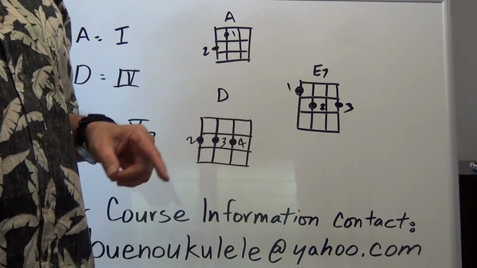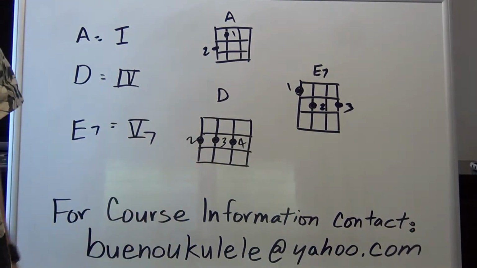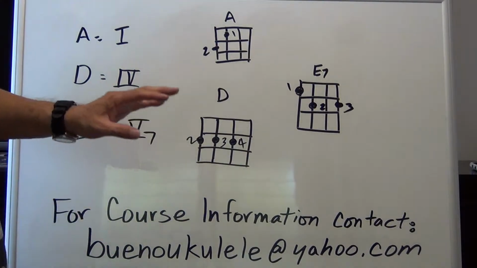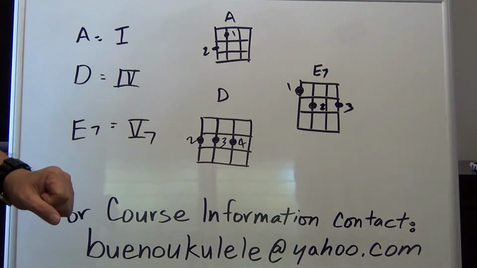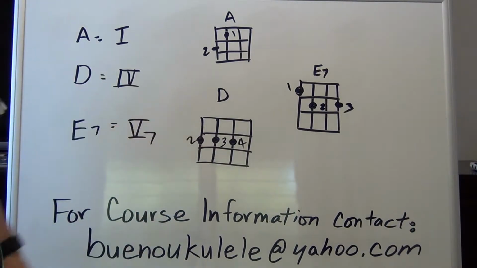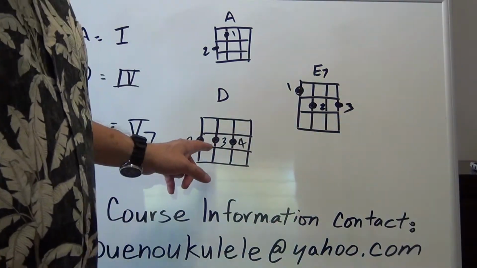The reason is that when we start to play more chords in association with bar chords, this fingering is going to really come in handy for learning new bar chords, which you'll be learning in the next course, Ukulele 2 online.